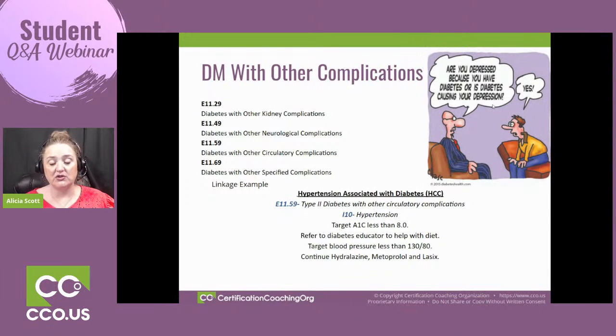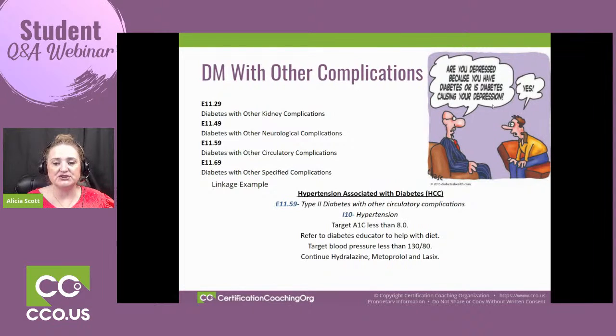That would be like educating your provider. If you're querying, you can't lead the provider, so you would state, the code E11.59, type 2 diabetes with circulatory complications, is equivalent to hypertension associated with diabetes, or E11.9 and I10 is them being separate.